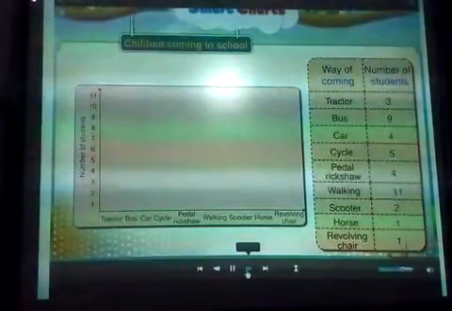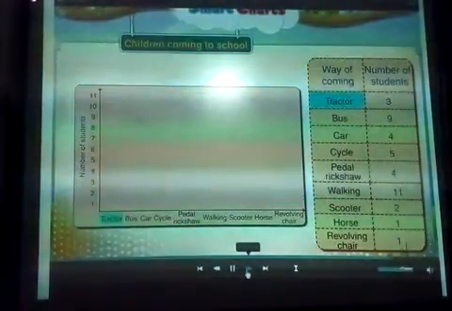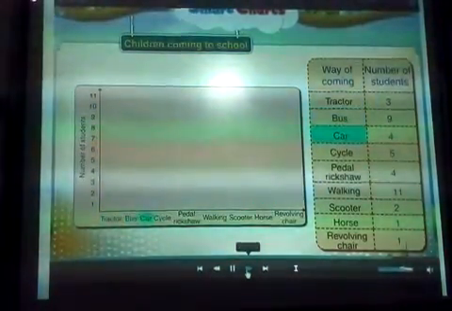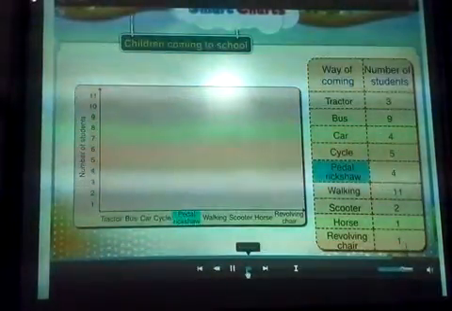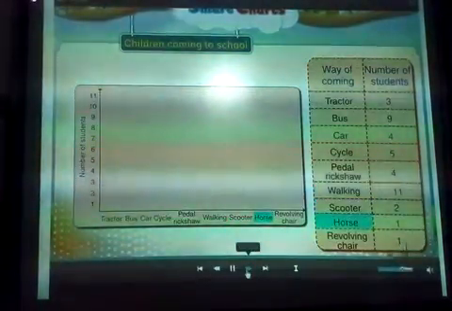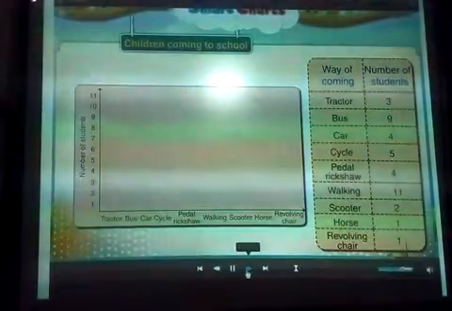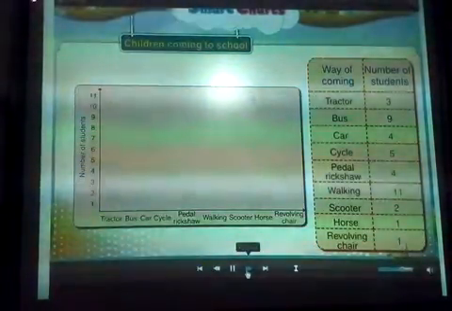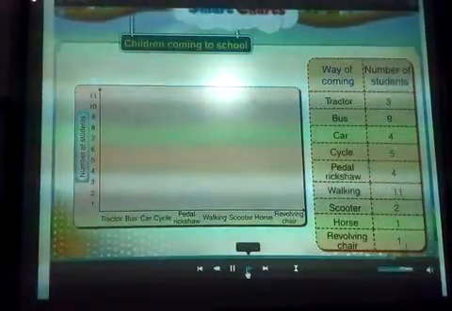Now we will complete the chart. To draw the chart, on the horizontal line we will write tractor, bus, car, cycle, pedal rickshaw, walking, scooter, horse and revolving chair. Whereas on the vertical line we will write the number of students up to 11.